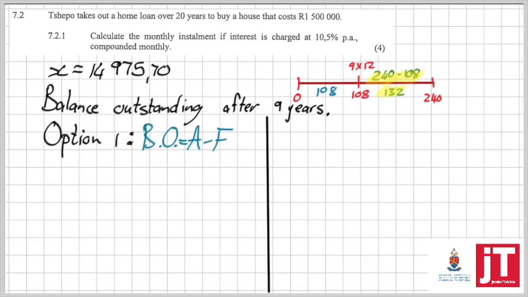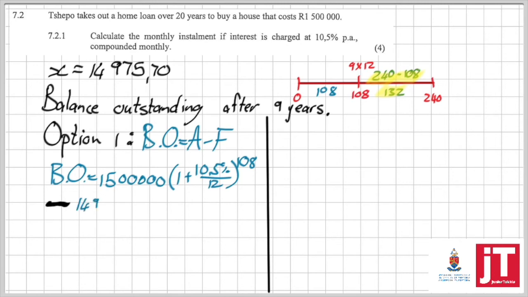Option 1: the balance outstanding is A minus F. So if I substitute into that, I'm going to take my 1.5 million that I'm loaning and work it forward 108 months.